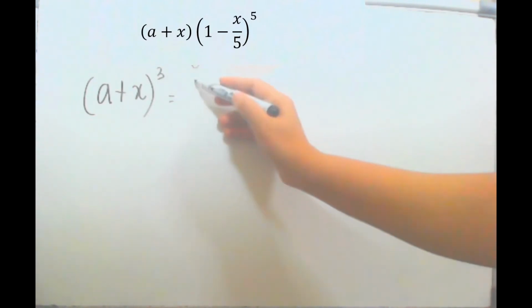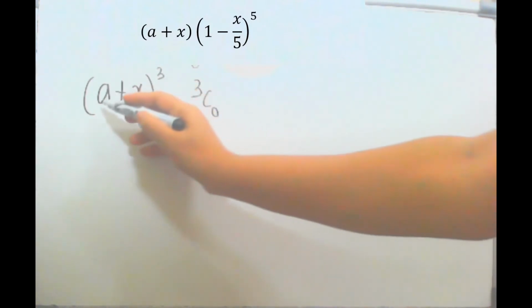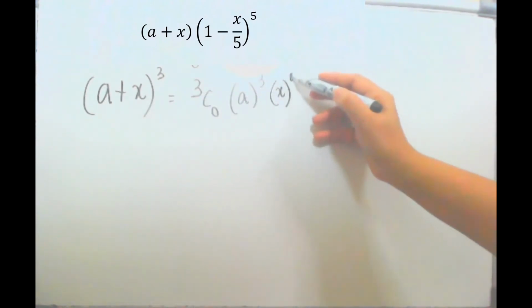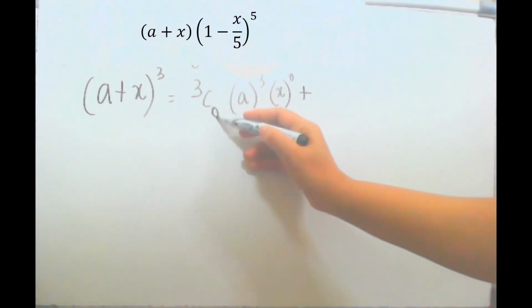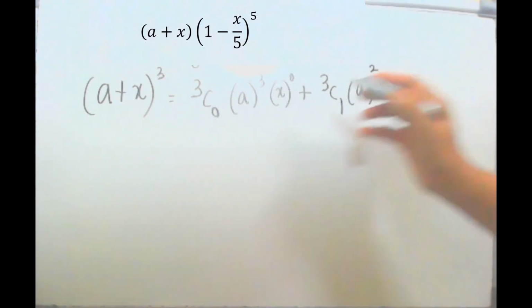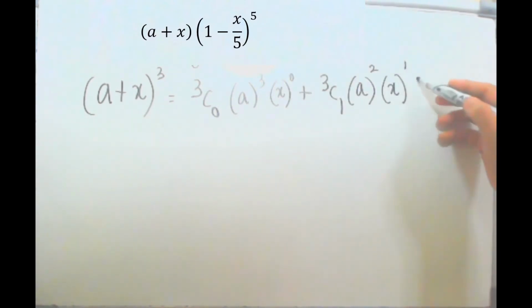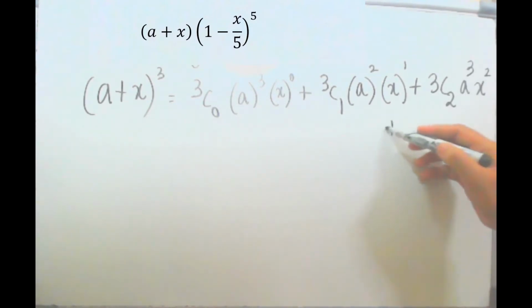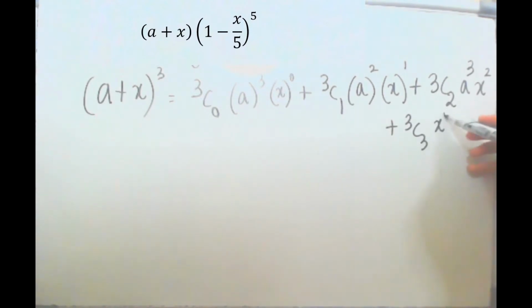According to the binomial expansion, we start from this index 3c0, then the first term to the power 3, second term to the power 0, plus we increment this number 3c1, decrement this power, increment the second term power, plus 3c2 a cube x square plus 3c3 x power, sorry, here it is a power 1, a power 0, x power 3.